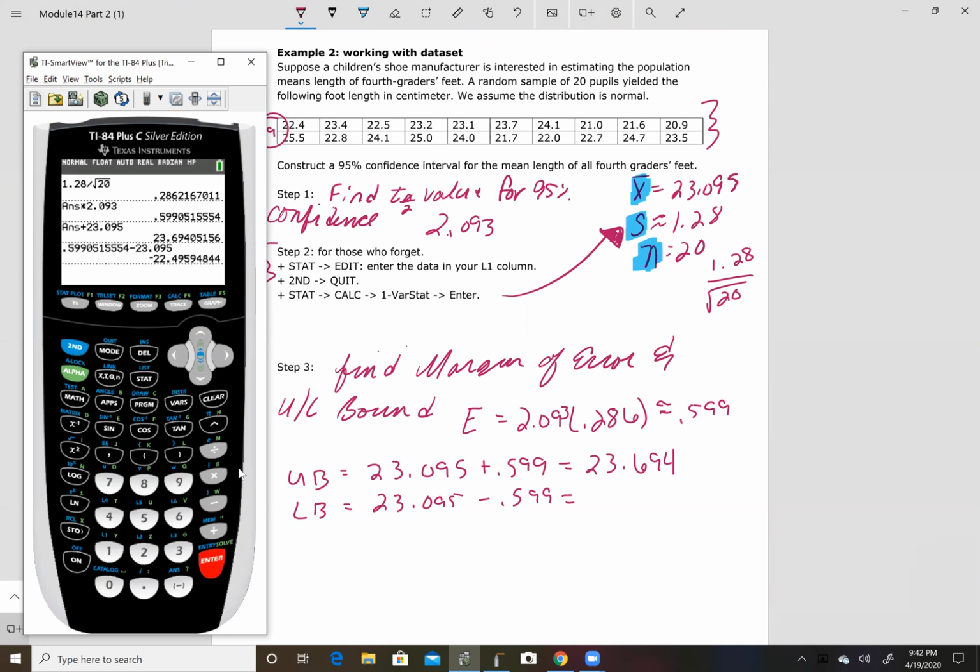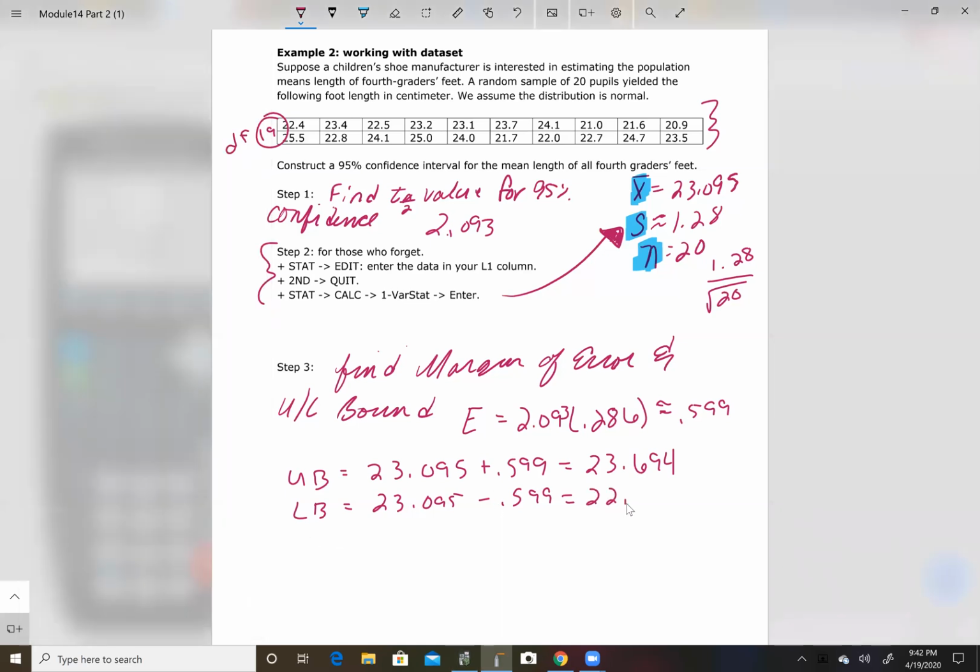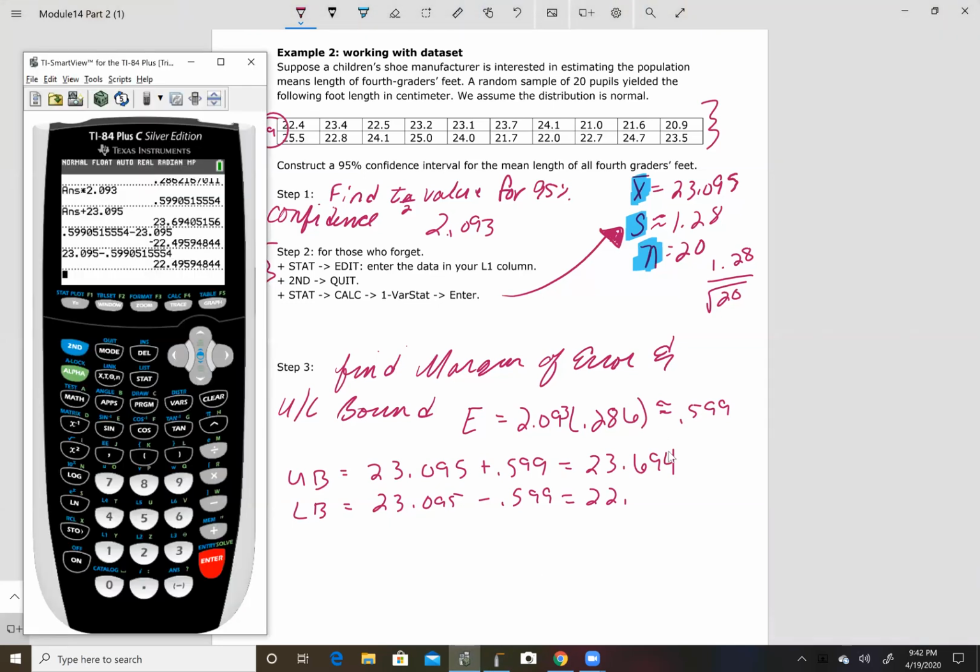Oh, I did something wrong there. 23, switched them up, 23.095 minus 0.599, 22.496.